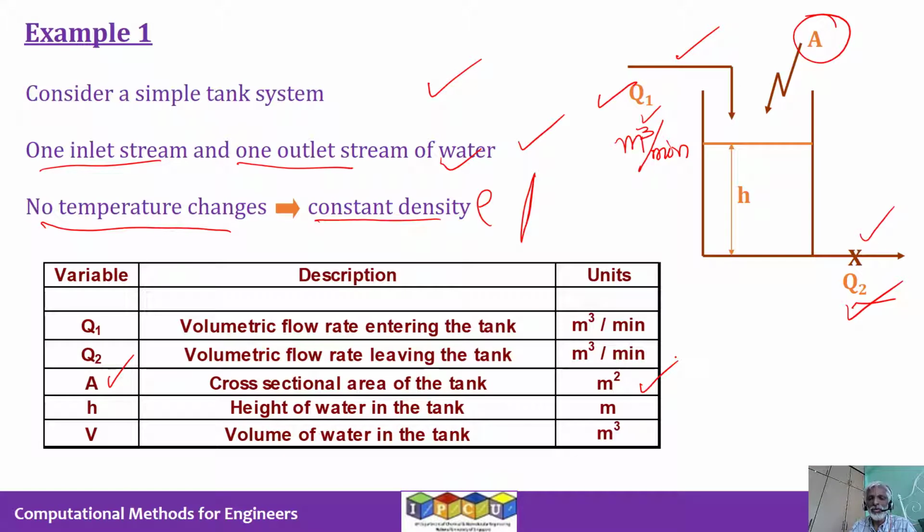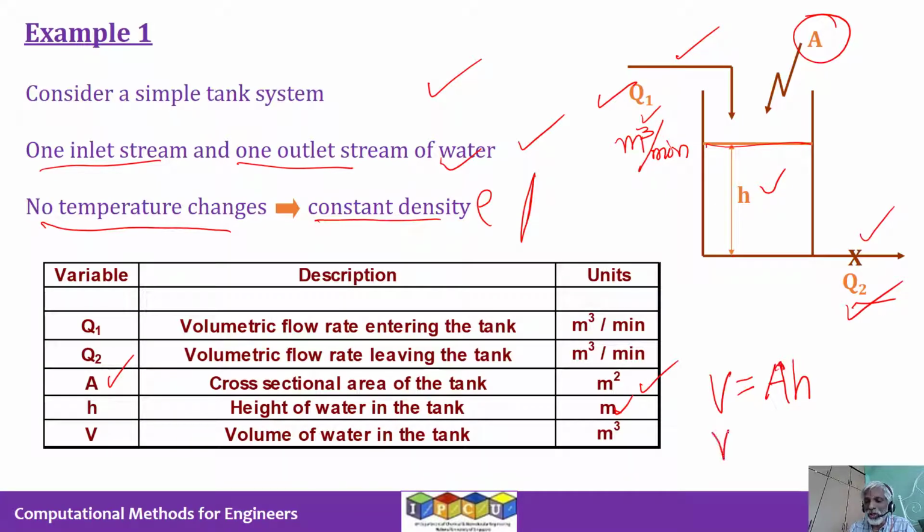The height of water in the tank, from the bottom to the upper level of the water at any point in time, is denoted by h, in meters. The volume of water in the tank at any time is A times h, since we assume uniform cross-sectional area.